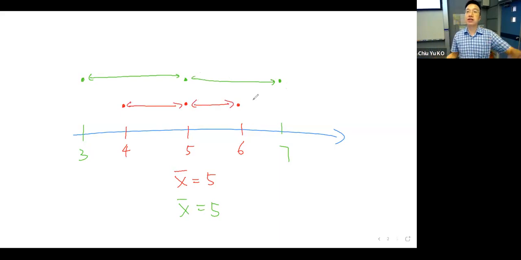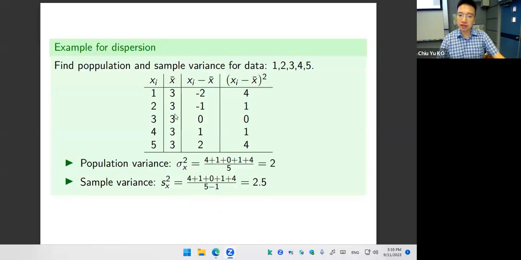So that's why the variance is a measure of how spread out the data is, even with the same mean. It's compared to the mean, how far away the data is, because remember, the mean is the middle of the data in terms of distance. You often don't see variance, but instead you see standard deviation. The reason why is very simple.